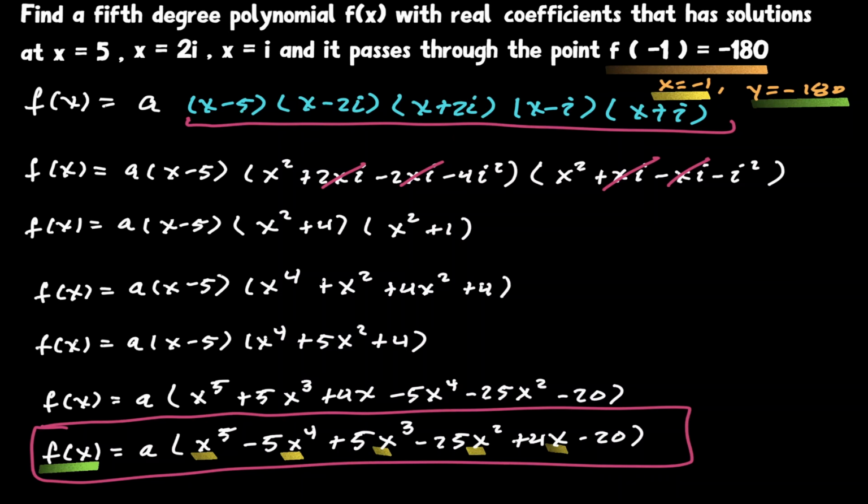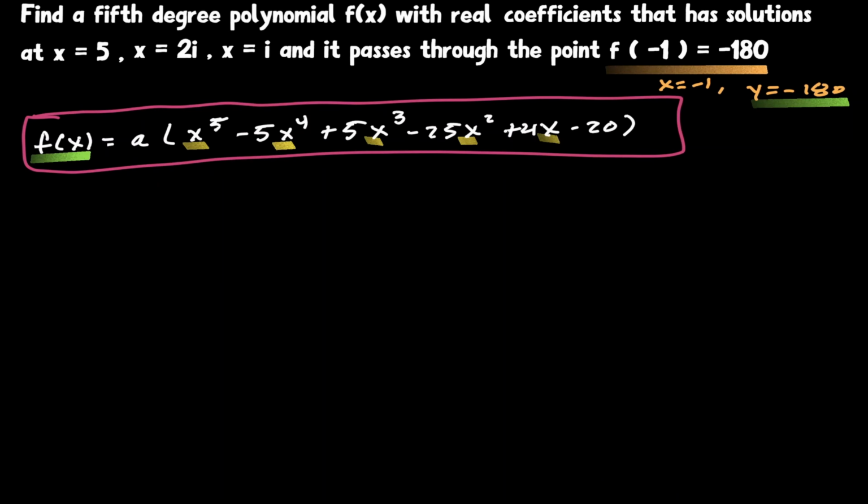So let me write some work to give myself some space. So now we have the following. F of x, let's plug in -180. a, which is the leading coefficient, is what we're looking for now. And now let's substitute -1 for every single x.